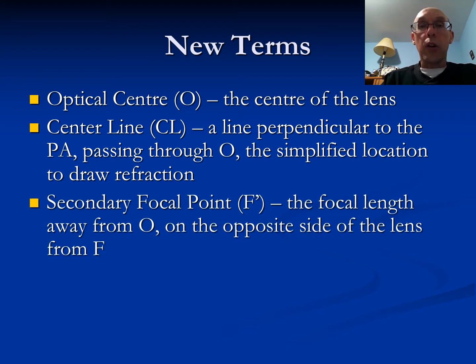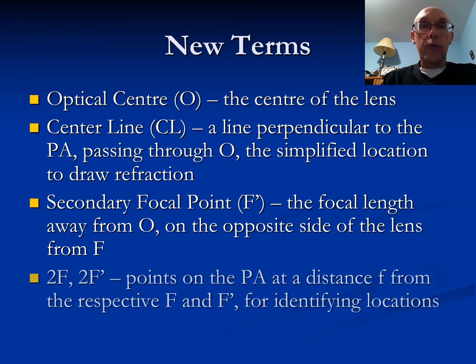Also new, we have something called a secondary focal point, which is F with a little apostrophe up high. We refer to it as F prime. And this is the focal length, again away from the optical center, but now it's going to be on the opposite side of the lens from F. This acknowledges that light can travel through a lens both ways, and so there'll be a focal point on both sides of a lens.